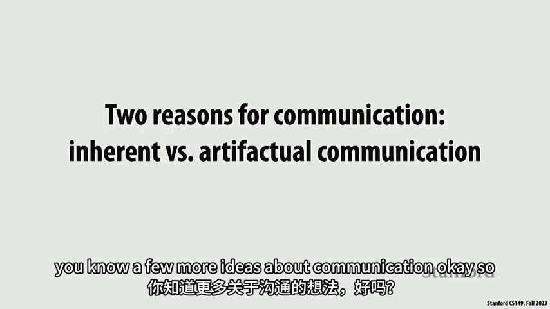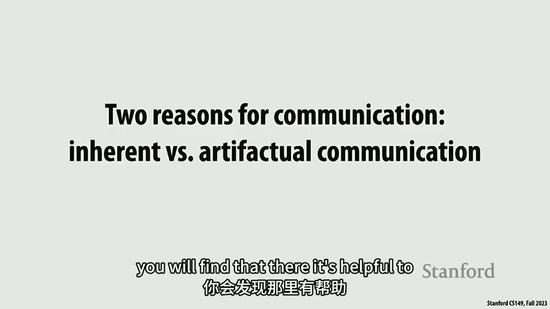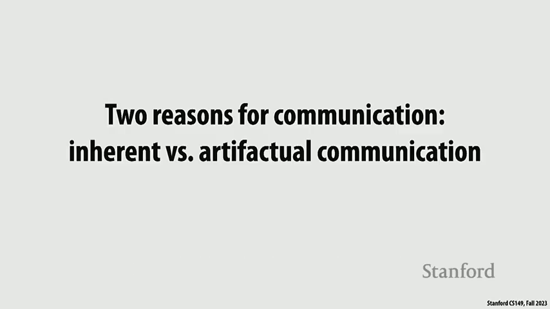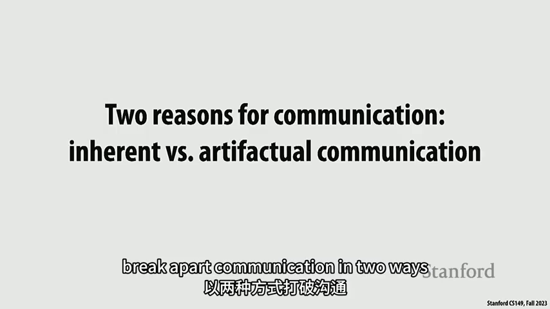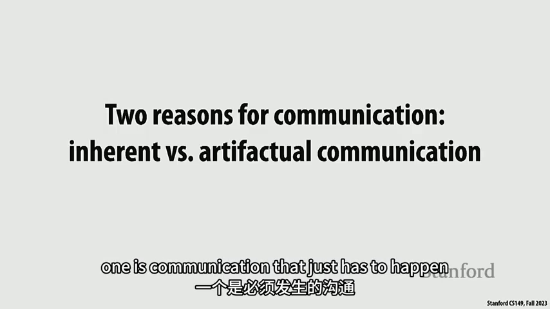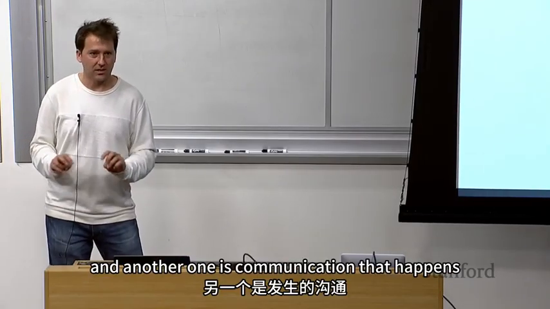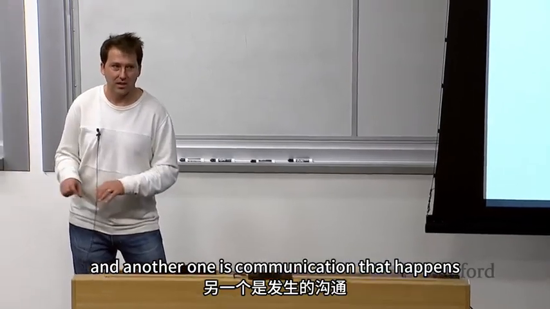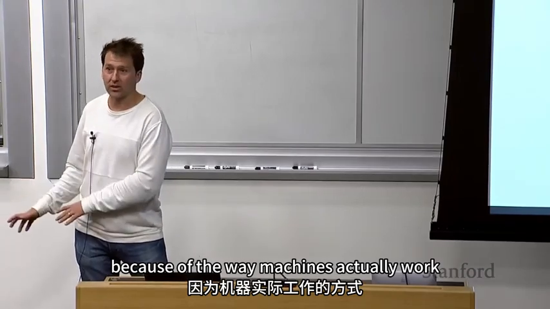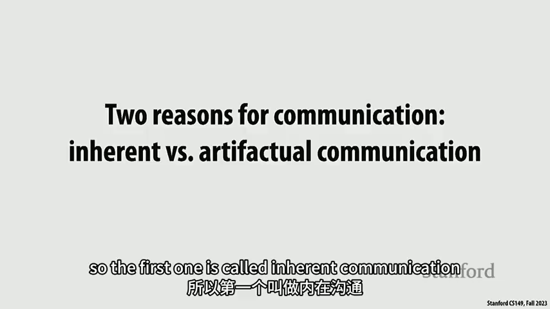You will find that it's helpful to break apart communication in 2 ways. One is communication that just has to happen because of the nature of the algorithm. And another one is communication that happens because of the way machines actually work. The first one is called inherent communication.